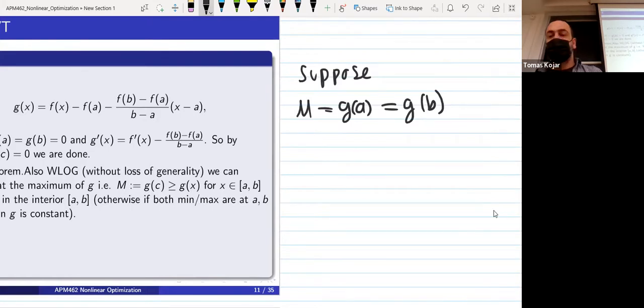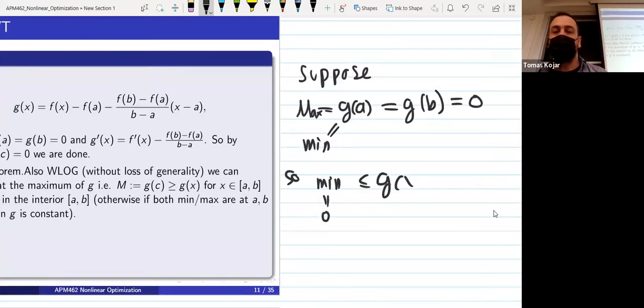And suppose the min is also attained there. So you get that min is 0 and the max is 0.